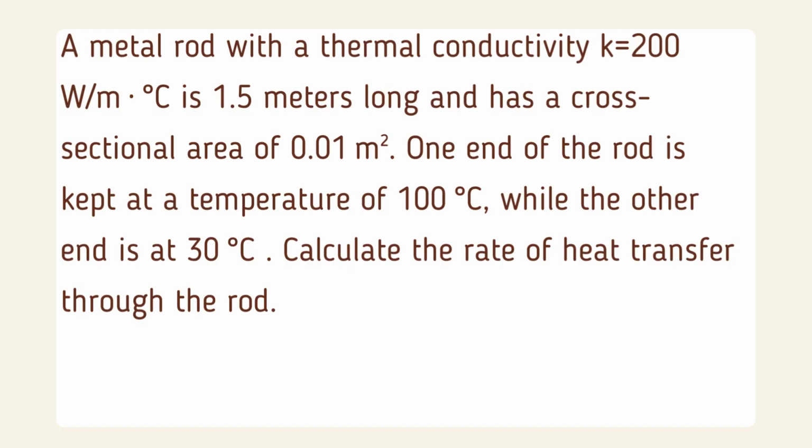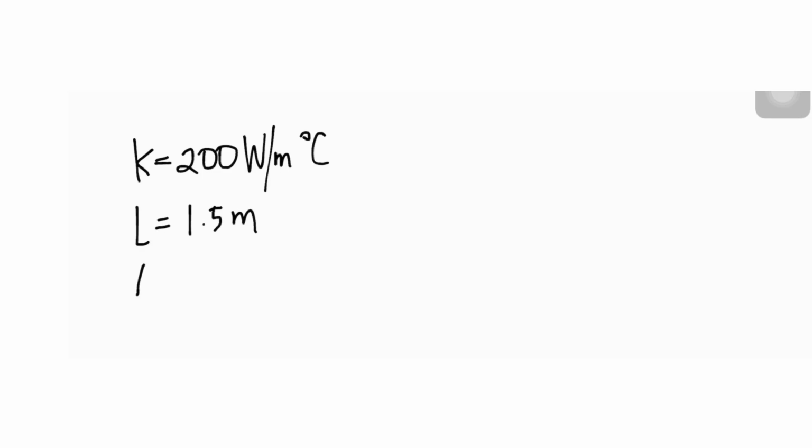We are given the following values. Thermal conductivity is equal to 200 watts per meter degree Celsius. Length is equal to 1.5 meters. Cross-sectional area is equal to 0.01 square meters. Temperature difference is equal to T1 minus T2.